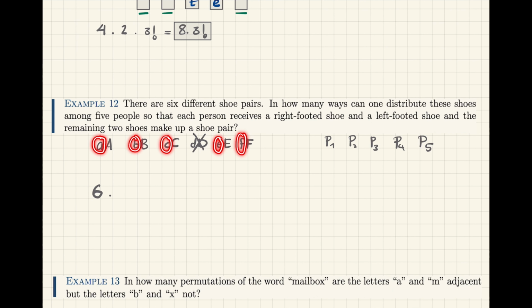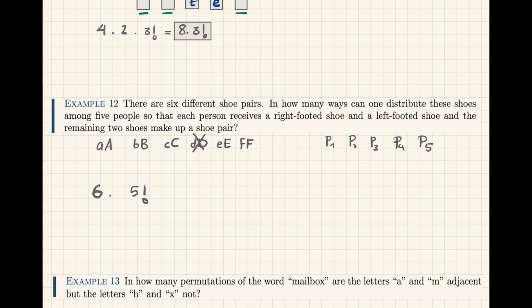I want to arrange them in 5 positions in front of the people. Assume that you are keeping these people standing in a row, and then you will take these 5 left-footed shoes and put them in front of these people. In how many ways can you do this? You have 5 distinct positions and 5 distinct objects, so it is 5 factorial.